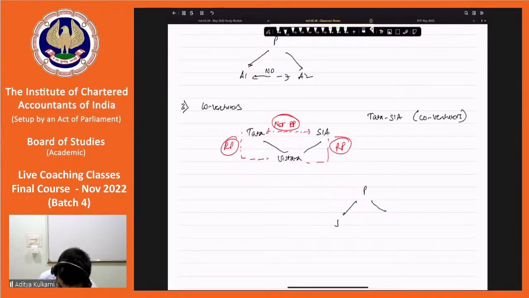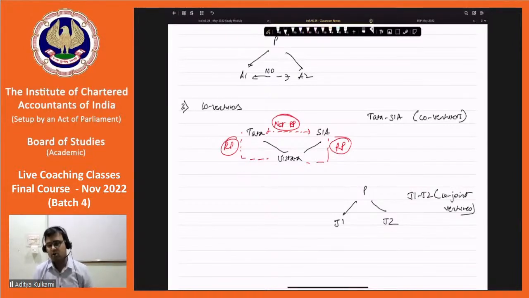P, J1, J2. In this case, J1, J2 are co-joint ventures. Two people join hands for a joint venture, they are co-venturers. One person is having two jointly controlled businesses, those businesses become co-joint ventures.